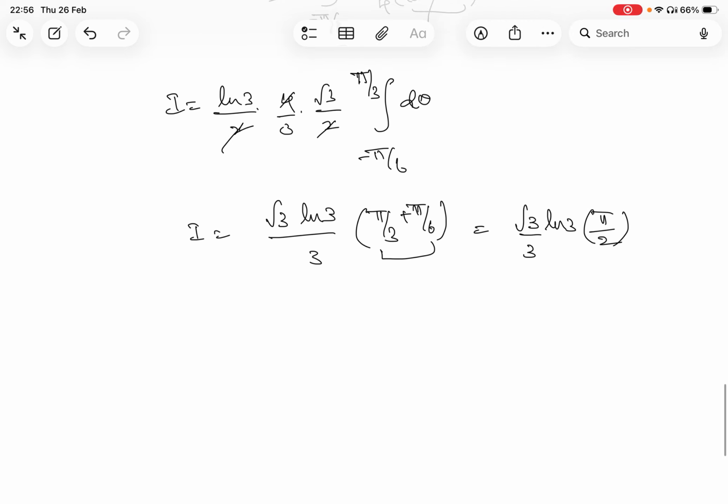Now the final result, you can write simplified. There is no need to simplify. You can write it as pi root 3 by 6 into ln 3. Fine. This is the solution.